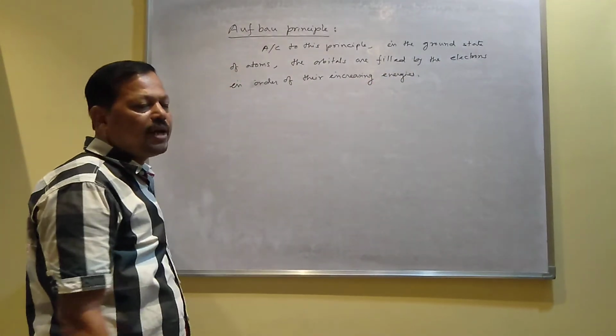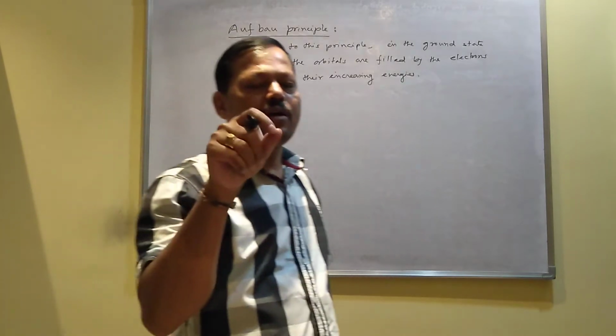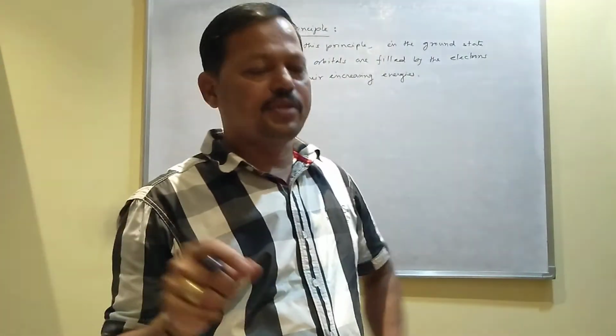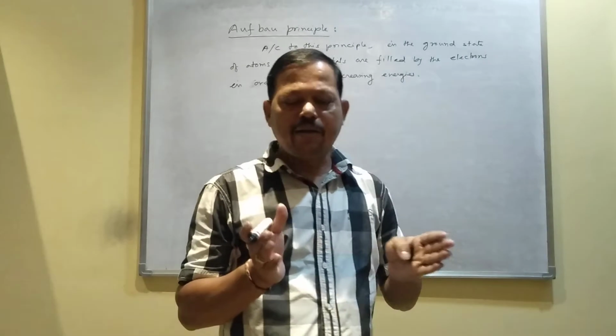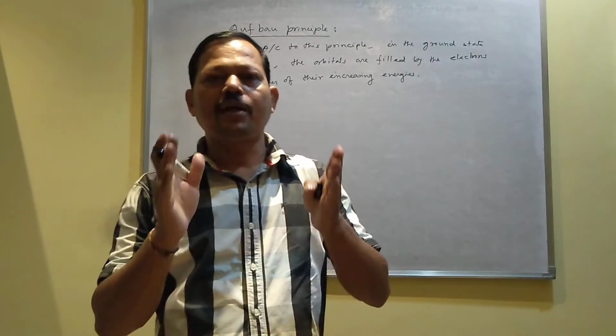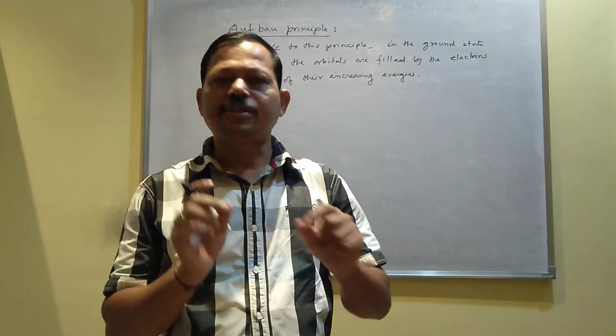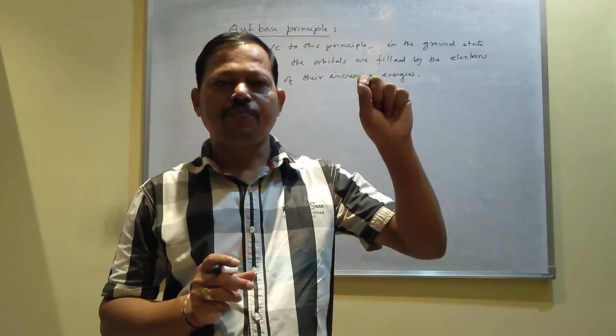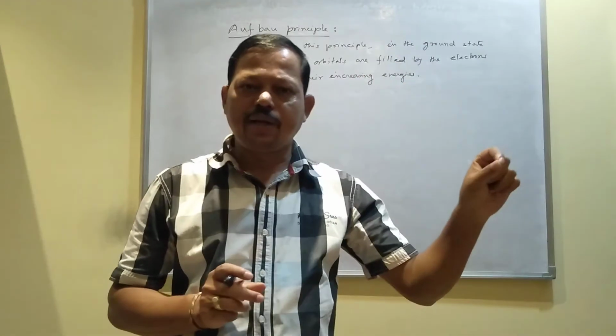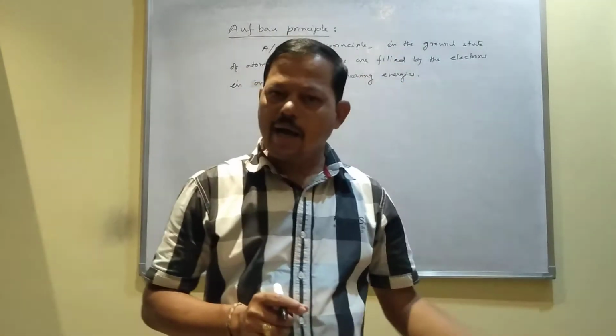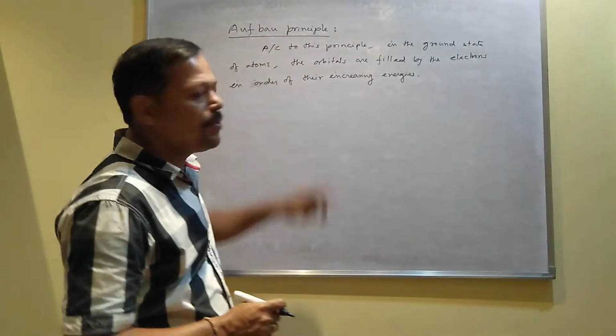I mean, when you fill up the orbitals, when you enter the electrons in different orbitals, then you should know which orbital has lower energy. First you have to fill the electron in the lower energy orbital, then you have to move to higher energy orbitals, and that is given by Aufbau principle.